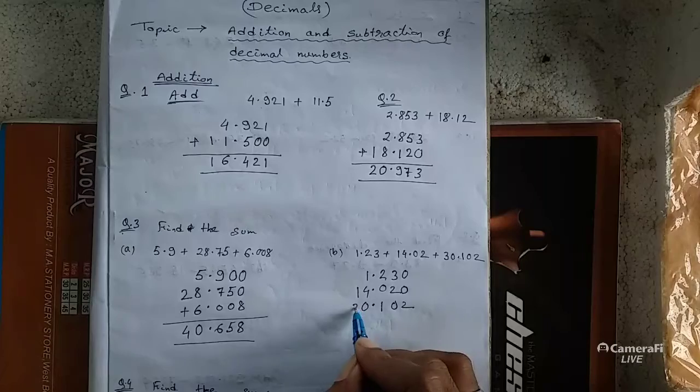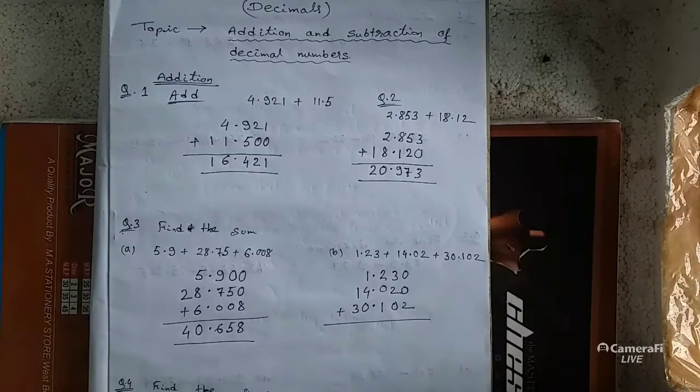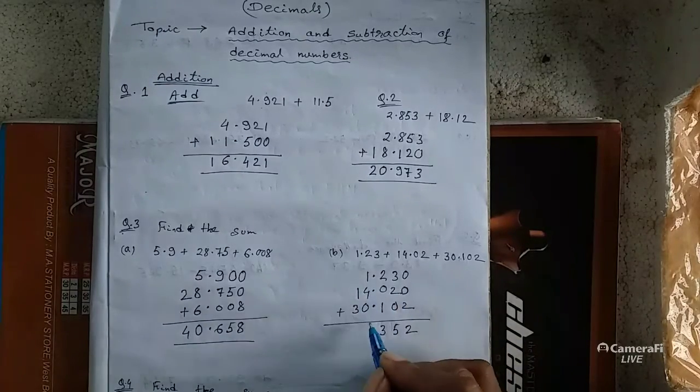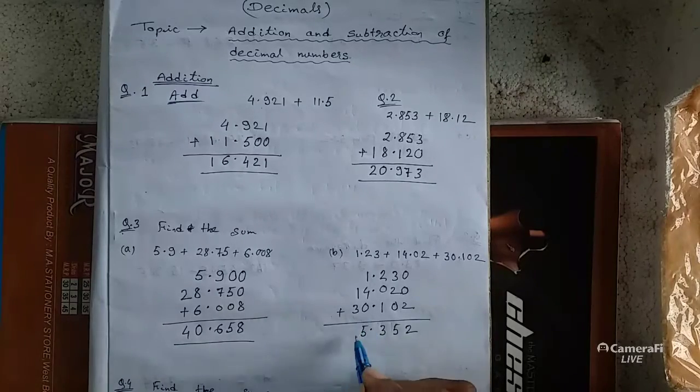Add: 2 plus 0 plus 0, 2; 3 plus 2, 5; 2 plus 1, 3; 4 plus 1, 5; 3 plus 1, 4. So 45.352.